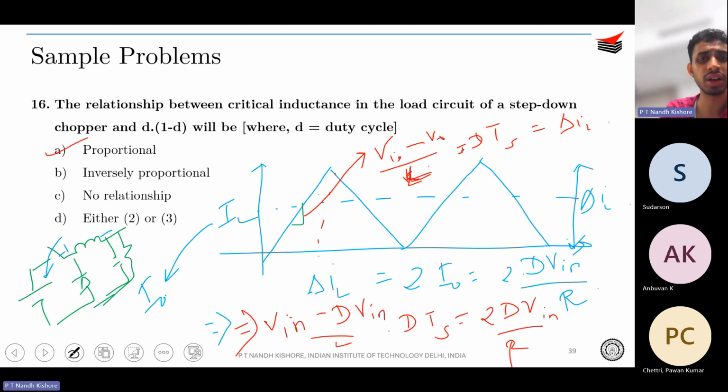Okay, got this problem. Any doubt so far in this problem? Or is this fine? It is just a derivation of critical inductance for a buck converter. And I think we saw a similar problem in the starting itself. So that's why I just went ahead a little fast. But you can always tell me if you have any doubts.